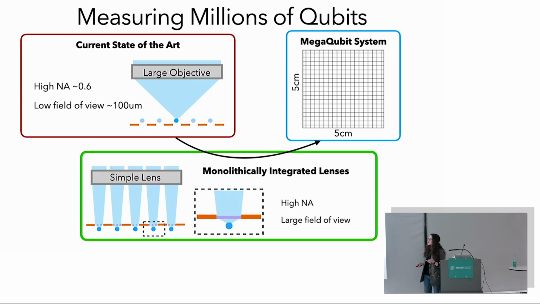But the possibility that we are going to take instead is to monolithically integrate lenses at every single ion position. Okay. And so the idea would be that you come in with some mostly collimated light and then you focus it directly at the ion with some integrated lens.